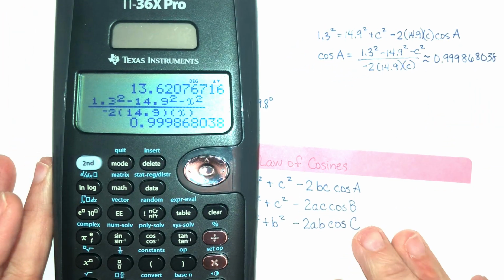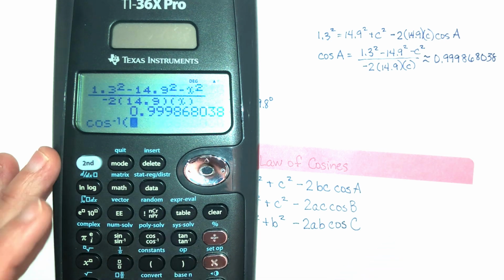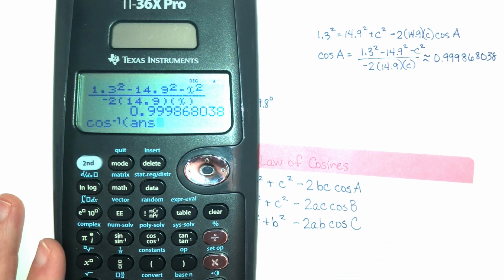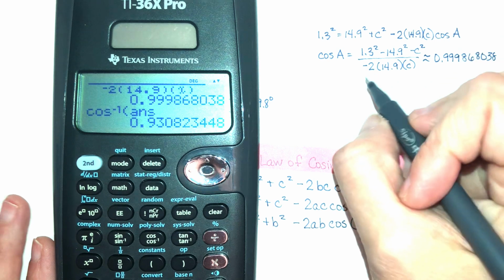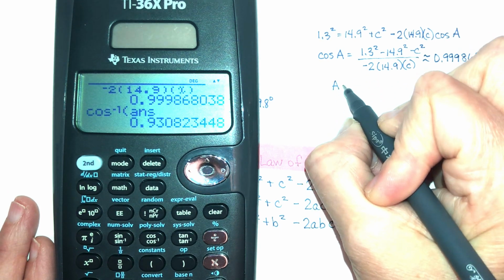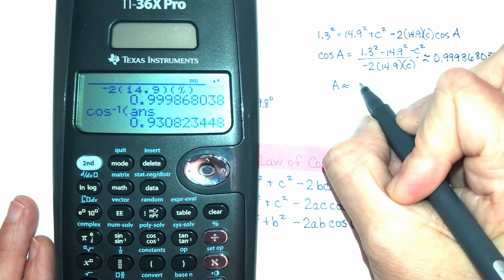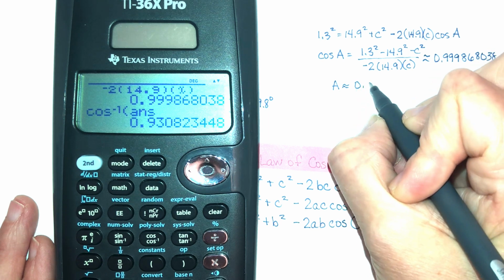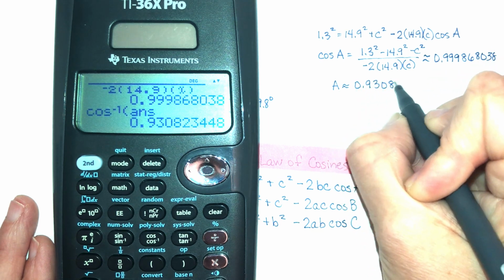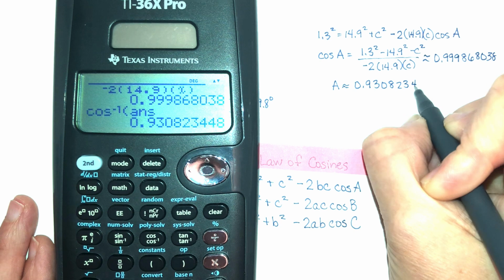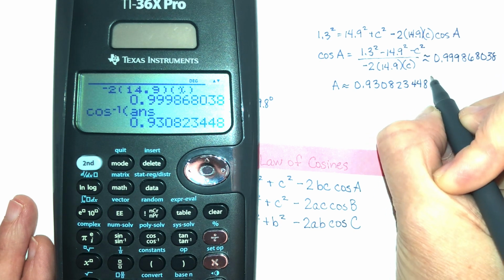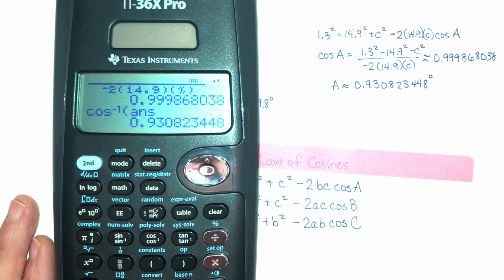Okay, now I'll find inverse cosine of this. So inverse cosine of that answer. You find that angle A is approximately 0.9308234448 degrees.